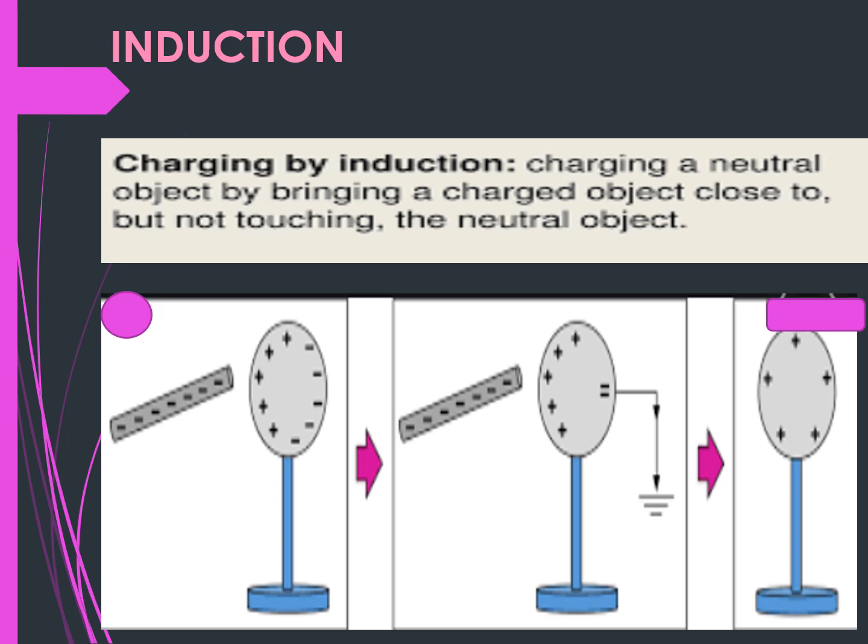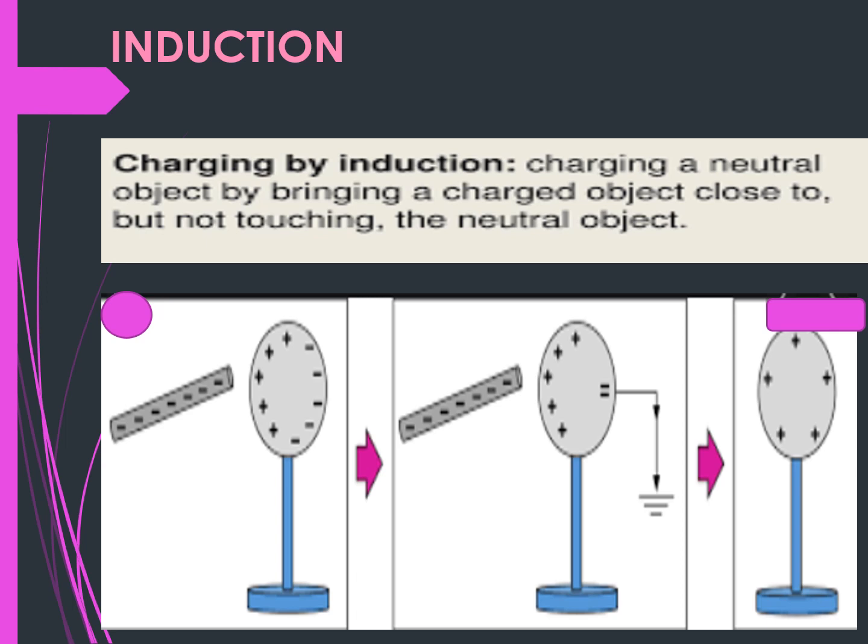The electrons of the neutral body go from one side to another. Protons don't travel. So electrons travel from one side to another, and thereby there is a separation between the positive and negative charges, which is known as being polarized. So the body has become polarized.